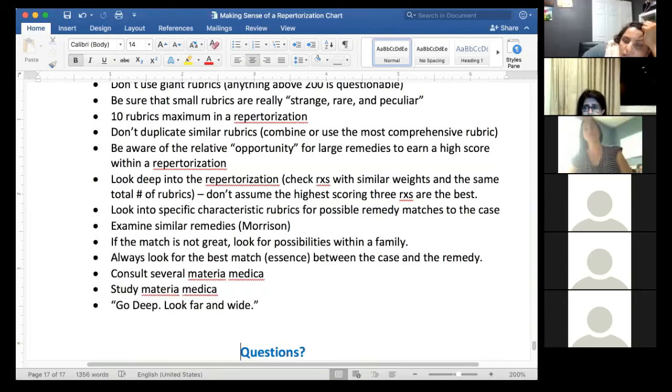It would depend. And often that comes up when they talk about case taking and they say underline: if the person goes back to that and repeats it, that's one way of looking at intensity. If the person goes back to that symptom over and over again, when you're taking your case.